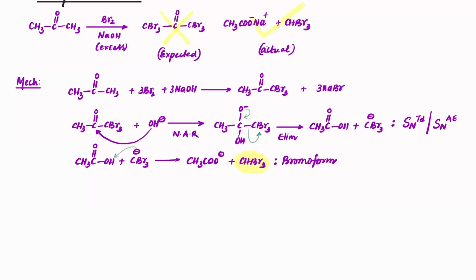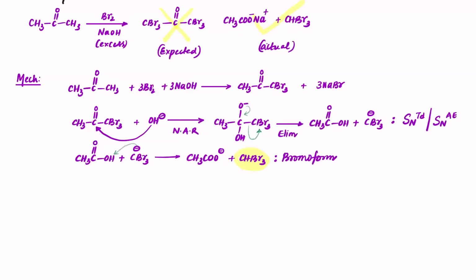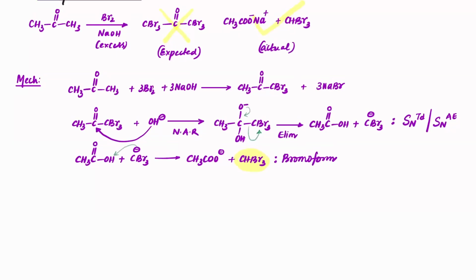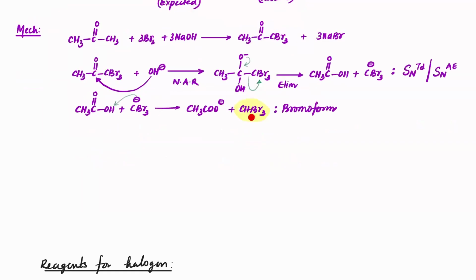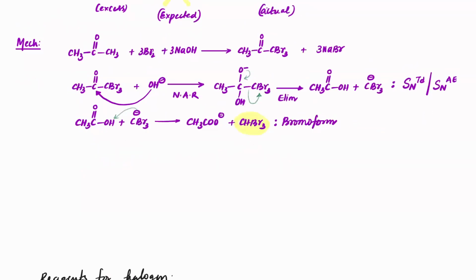If you remember, we did the halogen reaction before. This is the same mechanism we did before, right? So this is how the haloform would come across. Got it? So what are the conditions we learned just now?